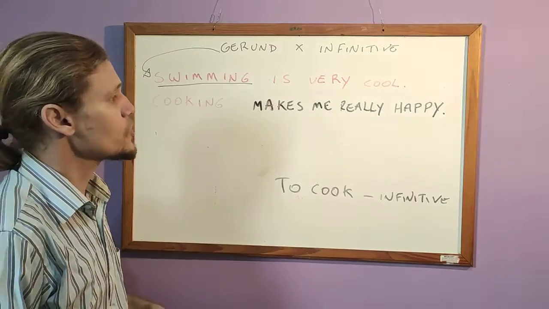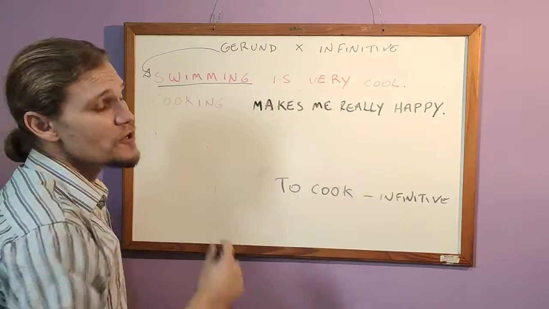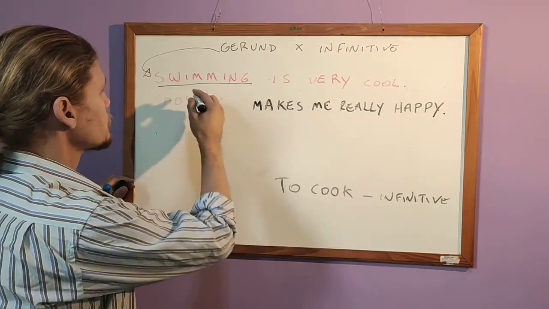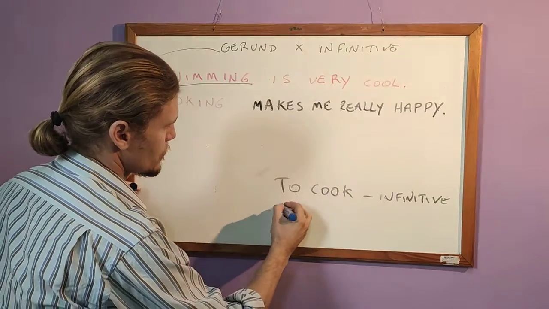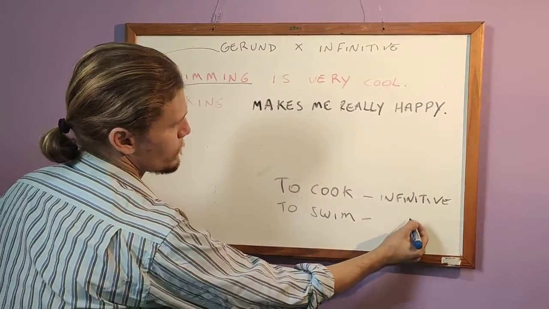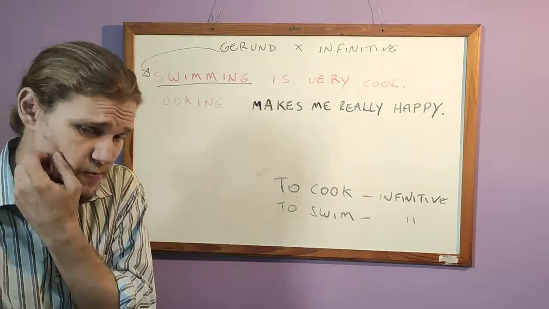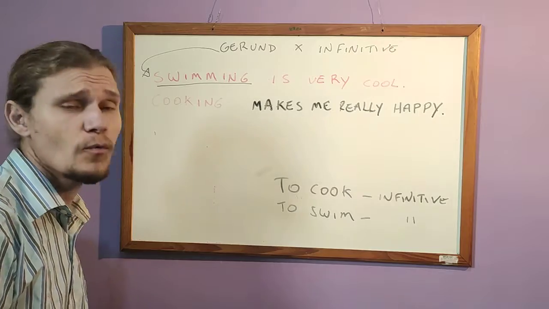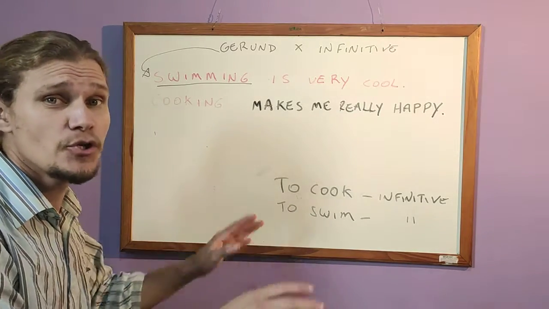Okay, so here you have, what is very cool, Bruno? To swim. To swim, also infinitive. Okay, so there is a very small difference here. What is the small difference? The difference in meaning, none.